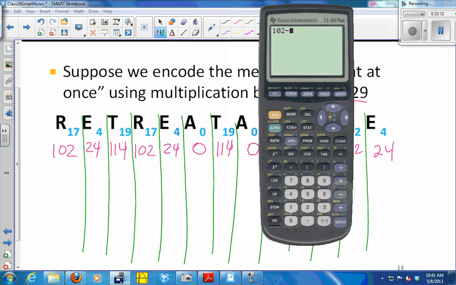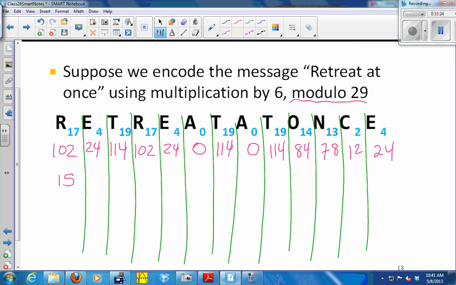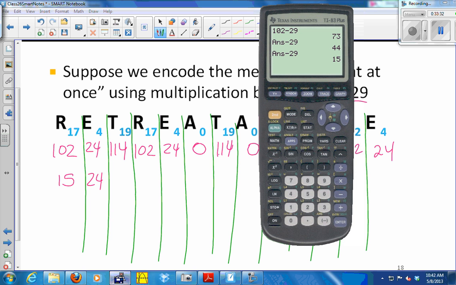You could also divide and give the remainder instead of repeatedly subtracting. That gives 15. 24 is already small enough. 114 is too big, so I'm going to subtract 29 over and over again.